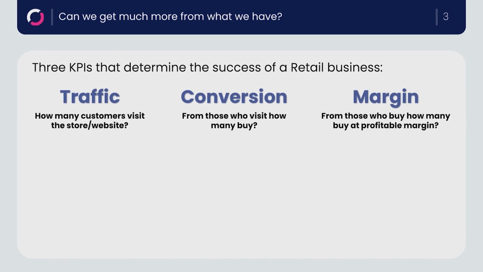First, let's keep things very simple. If I would like to simplify the retail operation, I will focus on three key KPIs. Traffic, how many customers are exposed to your offerings; conversion, from the ones who are exposed, how many buy; and of course margin, from the ones who buy, how many buy at a price that gives you the profit you need to cover your operating expense and make profits, right?